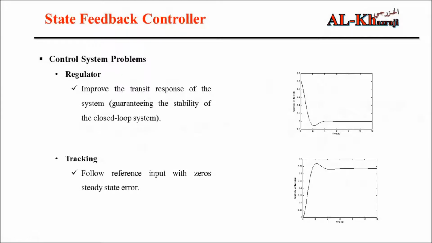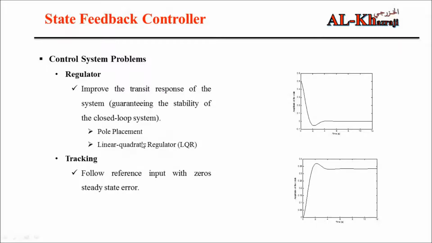Now, we say there are two types of problems, the regulator and the tracking. In the regulator, we need to guarantee the stability of the system, and we need to shape the transient response. There are two techniques we could use in the state feedback controller. The first one is pole placement, and the second one is the linear quadratic regulator.